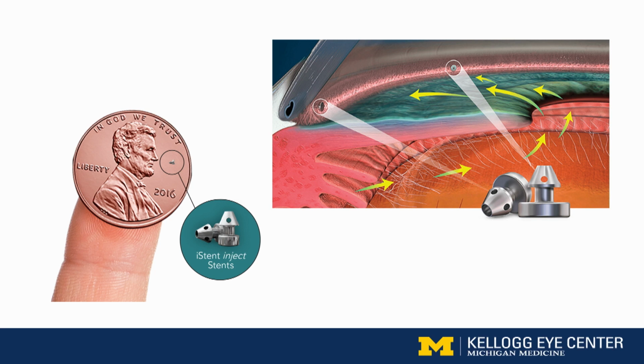And if this is a penny, this is how big it is on the penny. Isn't that amazing? So we can do cataract surgery and implant these stents, and that can help lower eye pressure. Again, maybe getting patients off eye drops or at least slowing the progression of glaucoma. We have different kinds of procedures, but there's been a lot of innovation in the last 10 years just in this area alone.